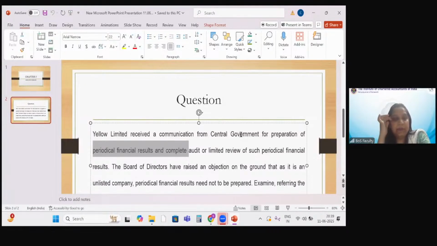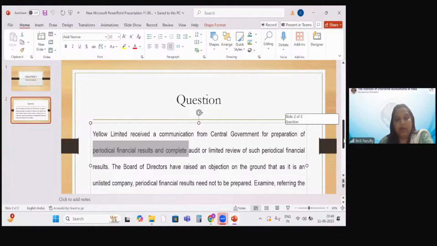Good attempt, Miss P. The point is that this is related to your earlier chapter, which you have done in the earlier class. So there is a company, Yellow Limited, and now they have received a communication from the central government for preparation of periodical financial results and complete audit or limited review of such financial results.